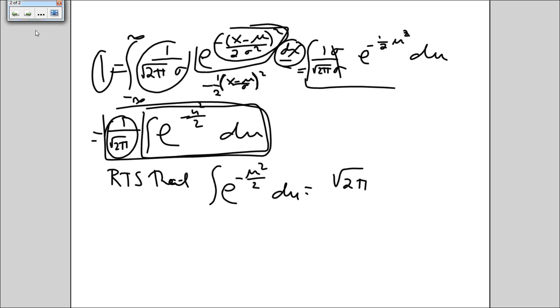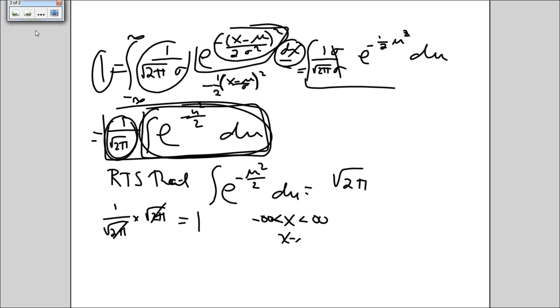Because if you multiply 1 over the square root of 2 pi times something and you get 1, that something will be the square root of 2 pi. This integral should be the square root of 2 pi. Now, I want to say one other thing. We know that x goes between negative infinity and infinity.